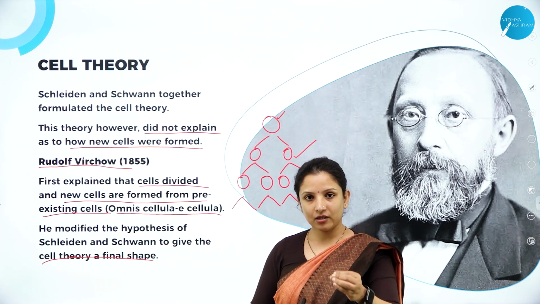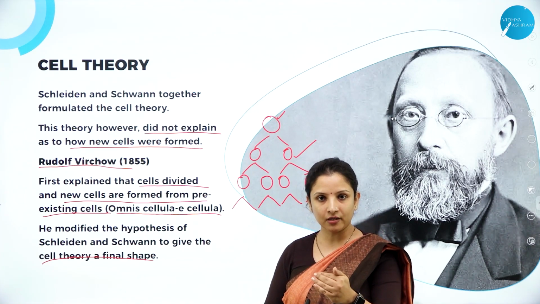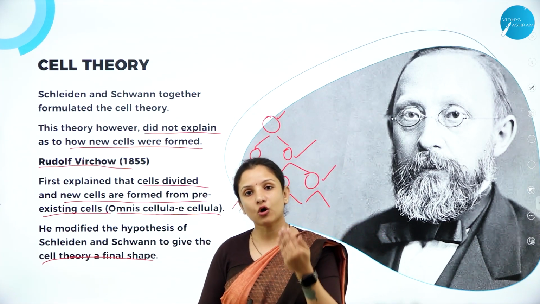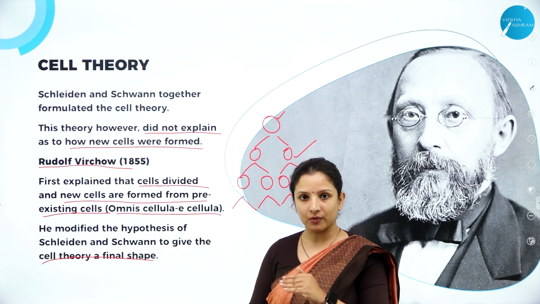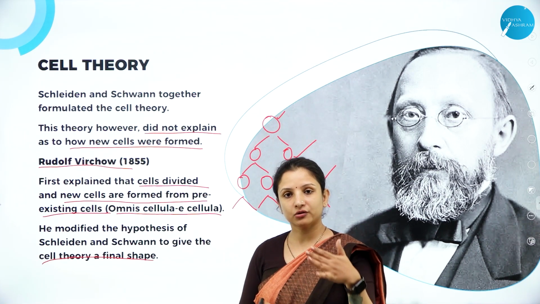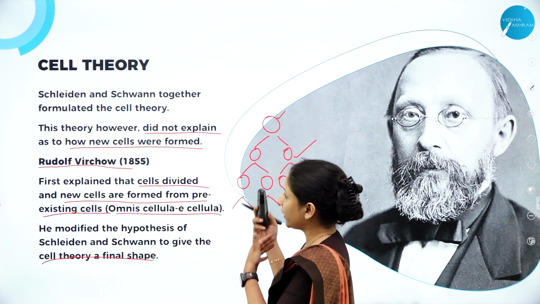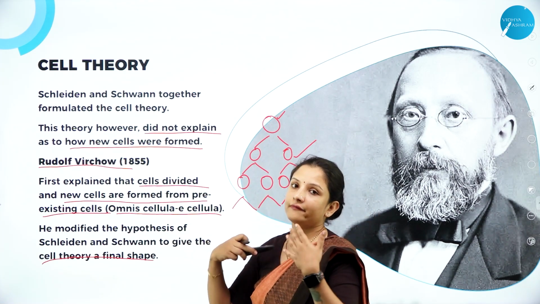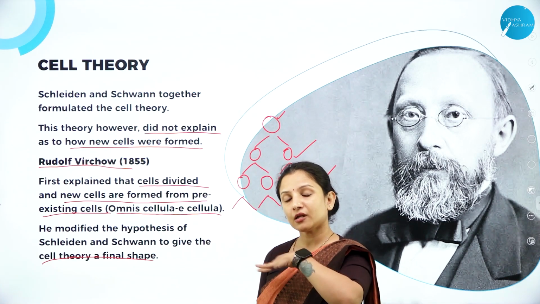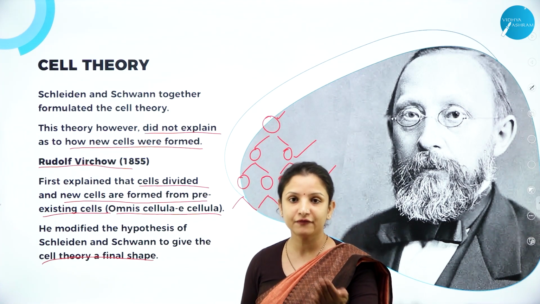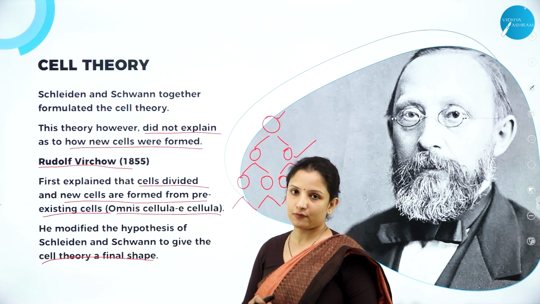Though the cell theory was first stated by Schleiden and Schwann, they were not able to tell the world from where new cells form. So their cell theory was not strong enough. Based on their studies, Rudolf Virchow was the first person to say that new cells are formed from the pre-existing cells itself. And based on that, the cell theory was formulated.